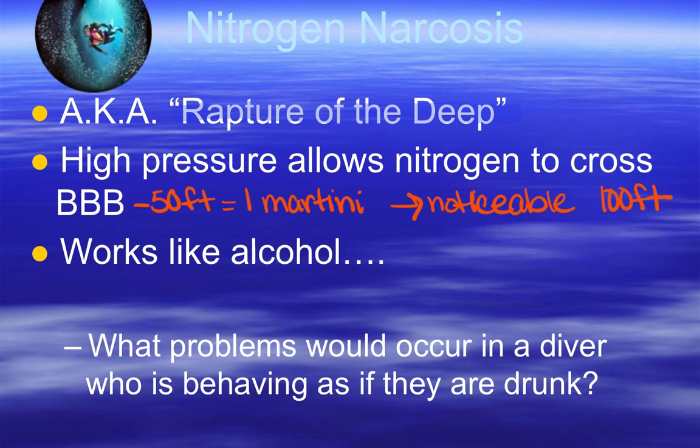Do we make good choices when we're tipsy or drunk? Typically not. So we are worried about making good choices. That could be taking their oxygen or their gas out of their mouth and not breathing. It can be swimming away from the group or touching an animal or doing something that you shouldn't do. So that's why it's important to always dive in groups, so we can be accountable for one another.